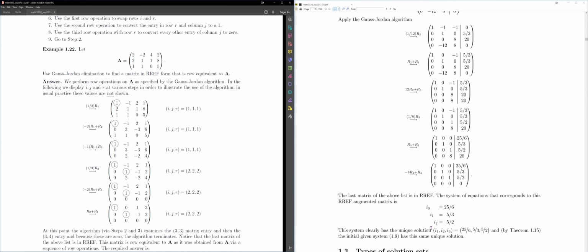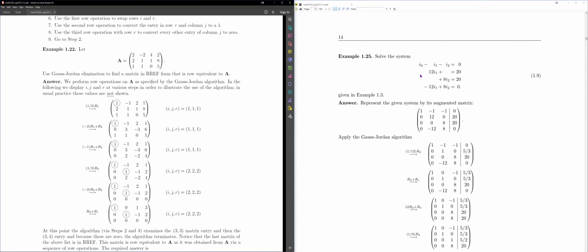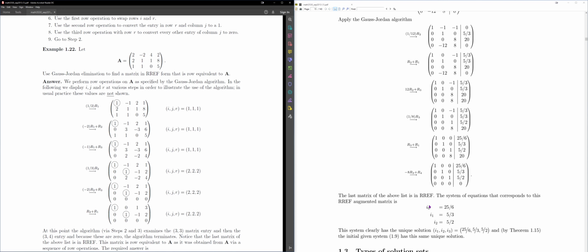Except the system is just so nice, really you could just read off the solution from this. This will not always happen. Given a system, you won't always be able to get it down to this very nice form. This very nice form is when you have a unique solution. And you probably know that you have two other cases.